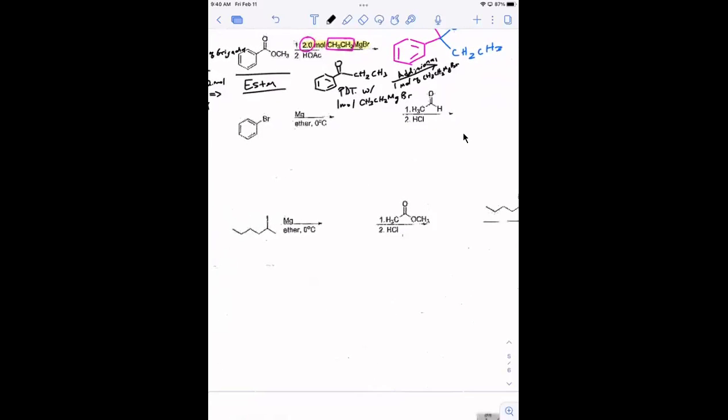What is that first reaction, what's going to happen there? I have magnesium metal in ether at 0 degrees, and I'm adding an aryl halide to it, bromobenzene. What am I going to get from that?